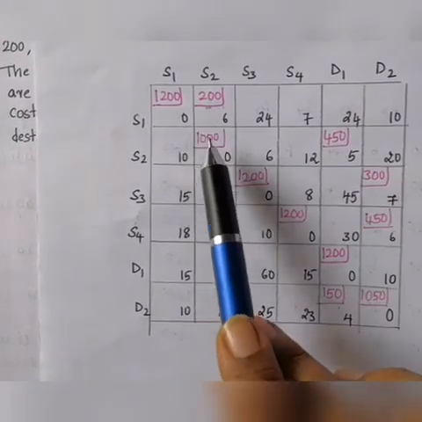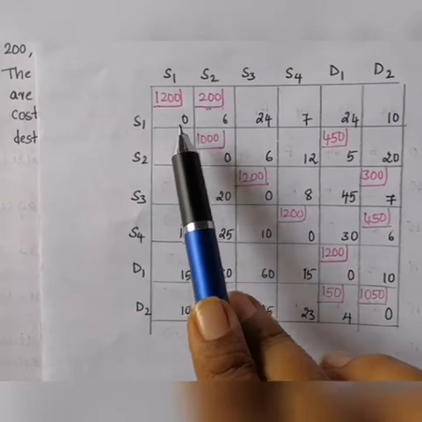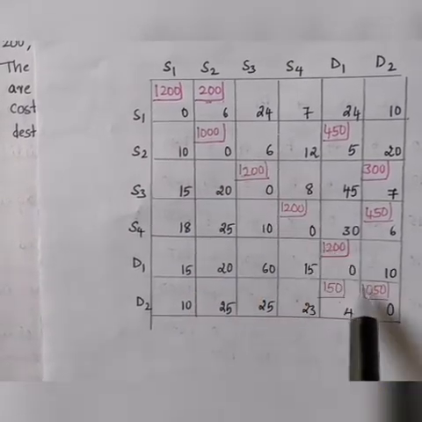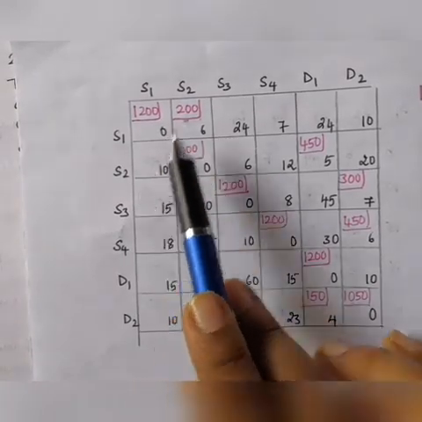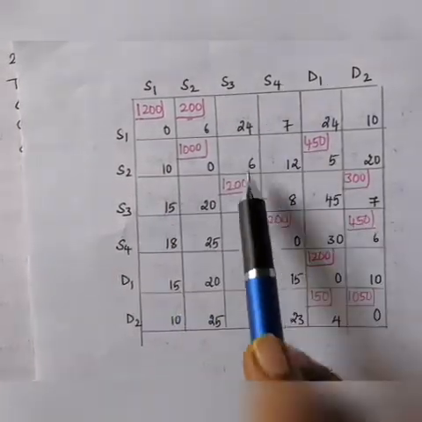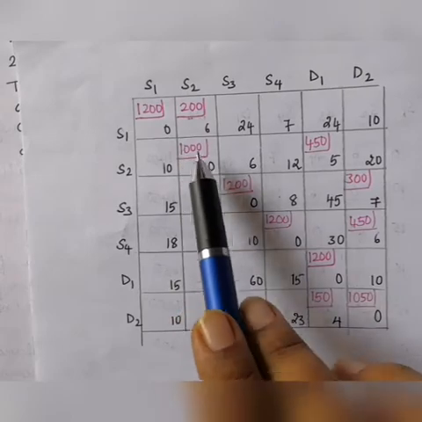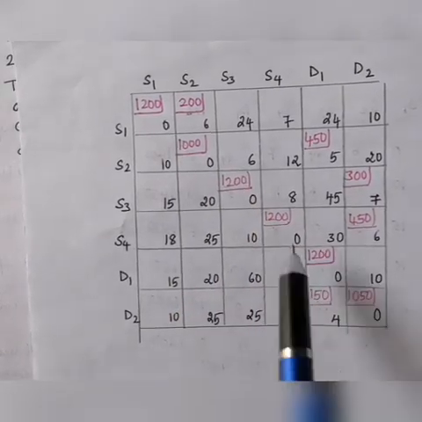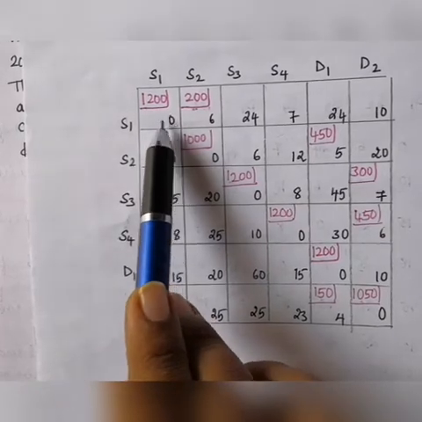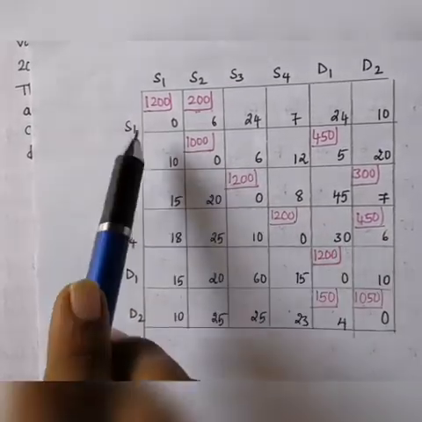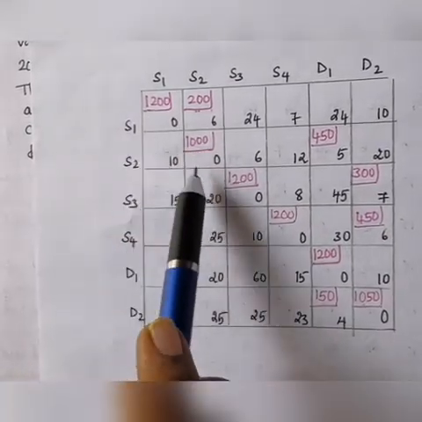Now, in the question itself you got these costs as 0 here. The diagonal elements, S1 to S1 is 0, S2 to S2 is 0, S3 to S3, so like that, all the diagonal values are 0. Even if you multiply by the biggest number, whatever allocations we get with 0 cost, it is going to be 0. So it is not going to have any effect on the IBFS.